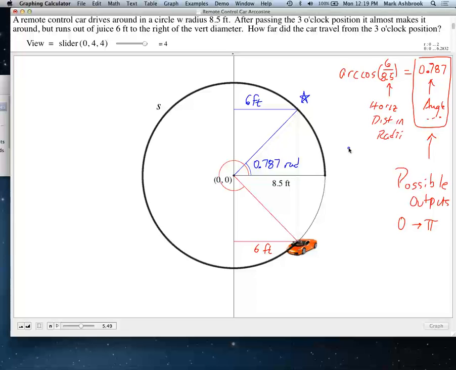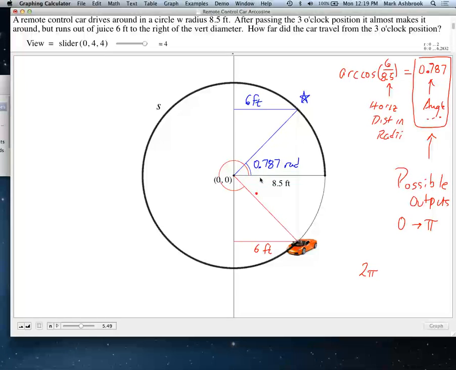What do you think? Dustin? Well, that's one way. You also do 2 pi minus the 0.787. So our angle is 2 pi, a full rotation. Yeah, a lot of you are seeing that that's the same amount of openness as negative 0.787.